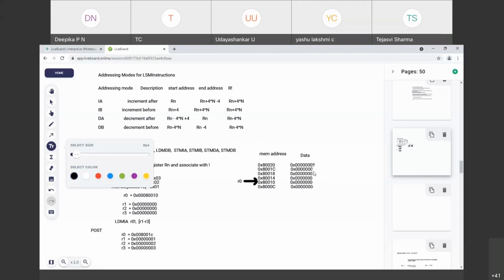So I'll just write those things. 5, 4, then 3, then one more here, 2.